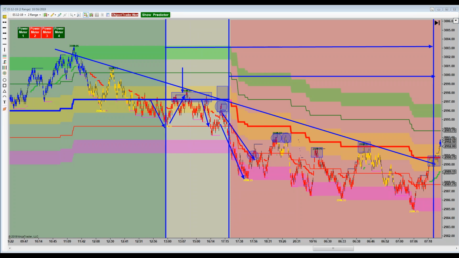So, support and resistance come into play. Okay, so let's do it this way. Let me do it the simplest way that I can to explain it. This is good for everybody, so it's a great question.